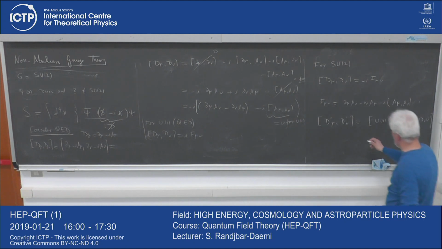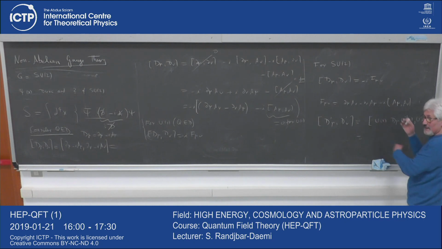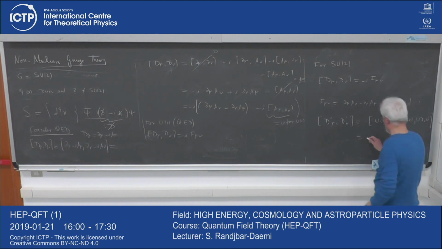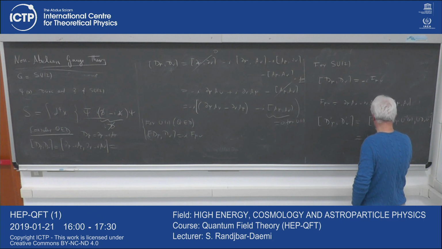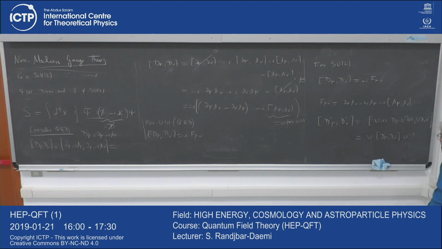When you multiply the things and take the same thing in opposite order, the U and U inverse will always disappear. You should treat everything as an operator. So this will be U [D_mu, D_nu] U inverse.